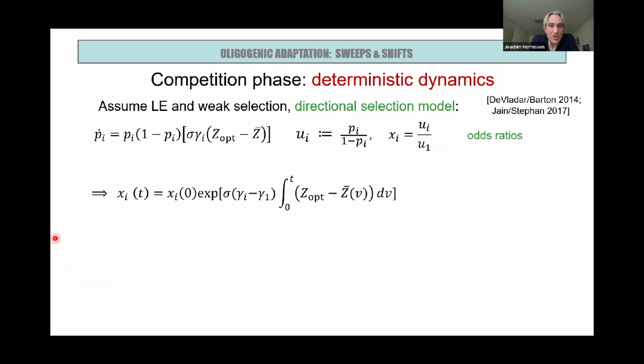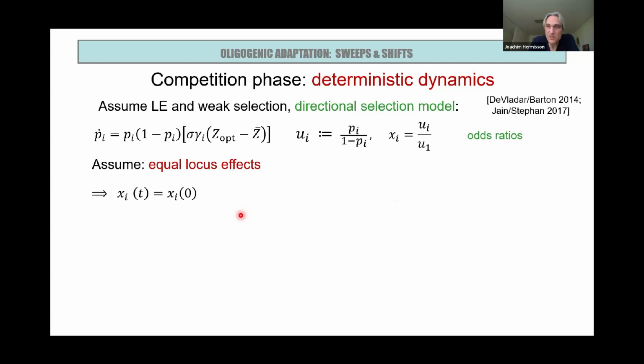And in terms of these odds ratios, the dynamics can be fully written out like that. There's an integral, a little bit complicated still, but you see here is a term, gamma I minus gamma 1. So if we have equal locus effects, then this is just a 0 here. This simplifies. That means these odds ratios for equal locus effects just stay constant.